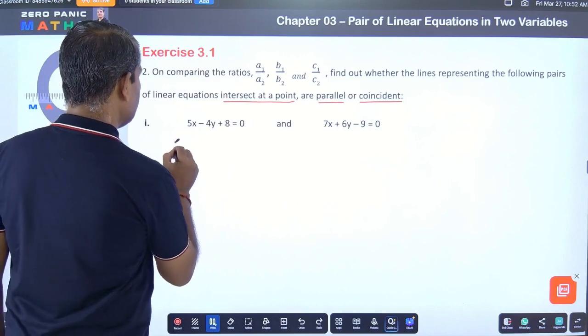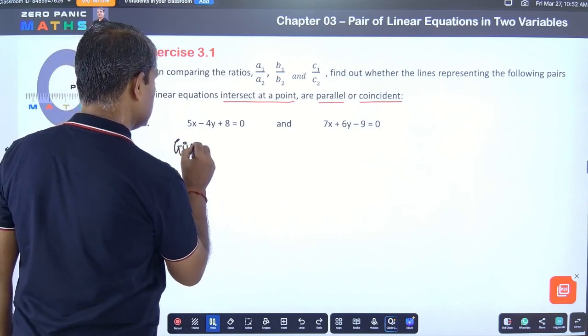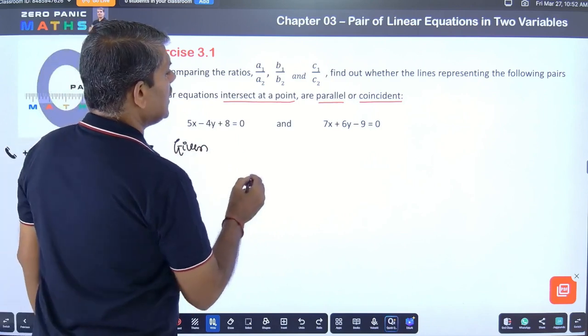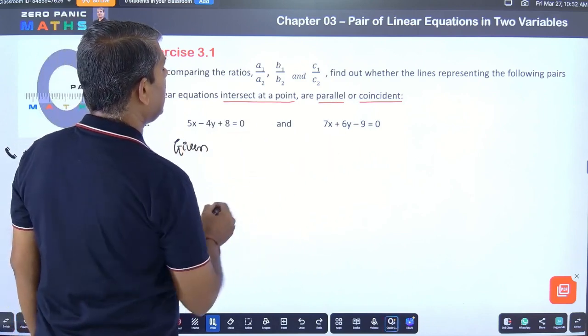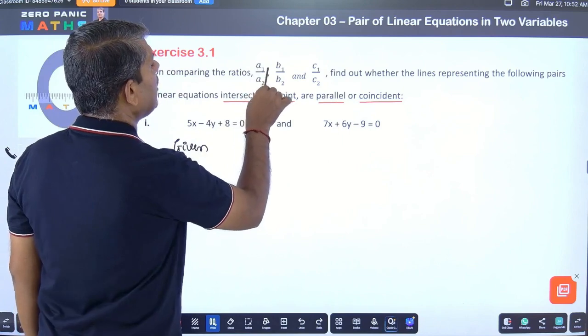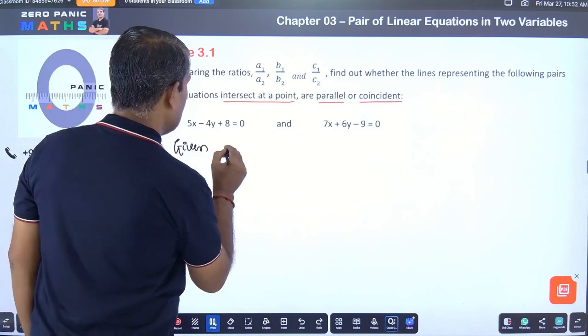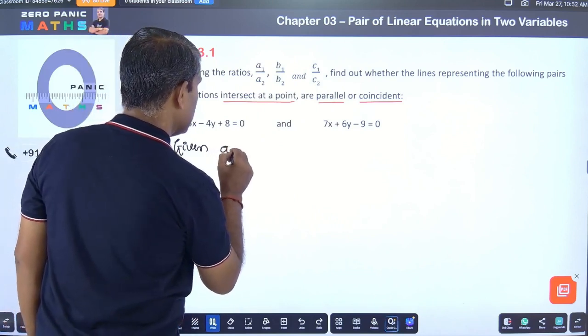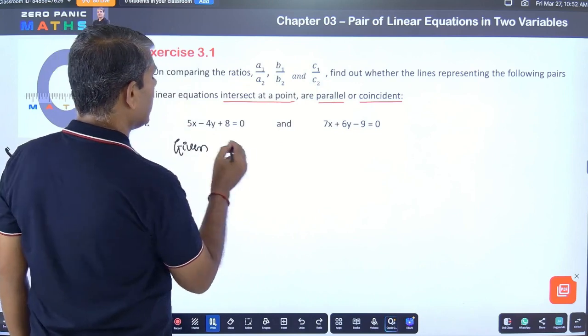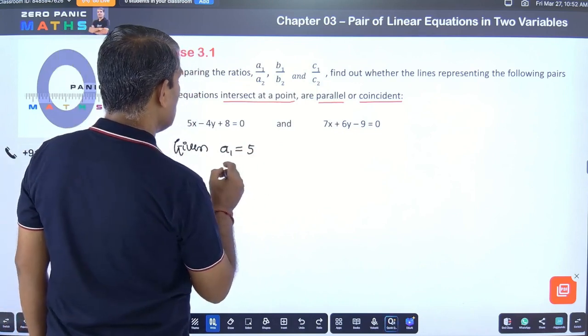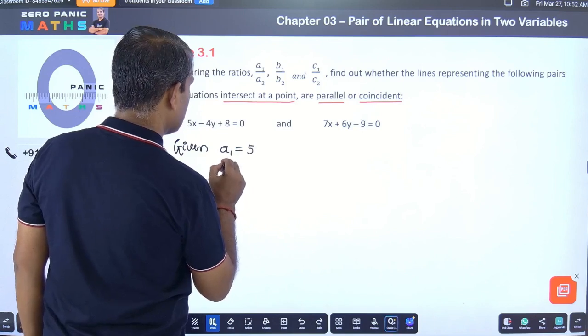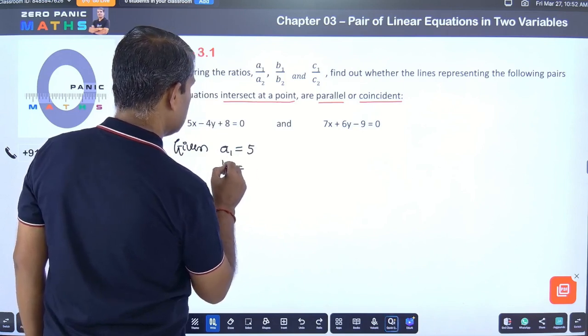What is given? First, out of the given pair of linear equations, identify a1, b1, c1 and a2, b2, c2. So from the given two equations, what is a1? a1 is 5. What is b1?